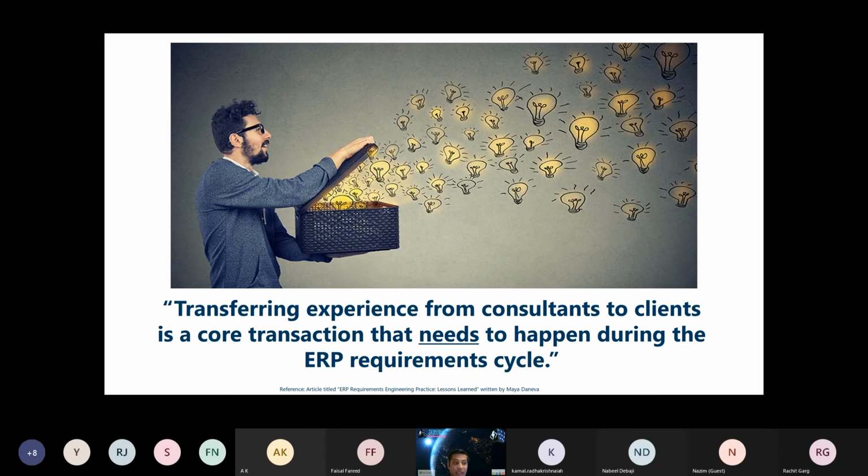It needs to be planned carefully, equipped with the right resources and tools. And this transaction referred to in this slide needs to happen if the project has to be on the road to success, which it must, right?